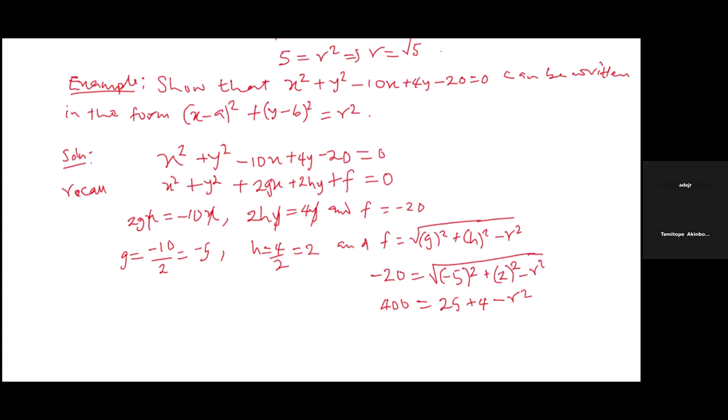But I'm seeing that this r will likely be negative, because... Oh, yeah, I see what you mean. What do you think? I'm not sure, sir, actually, yeah. You're not sure? Yeah, sir.